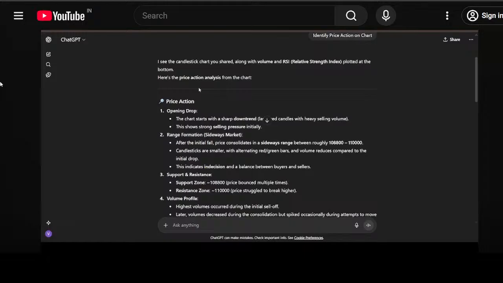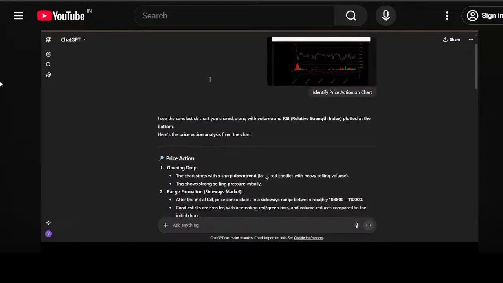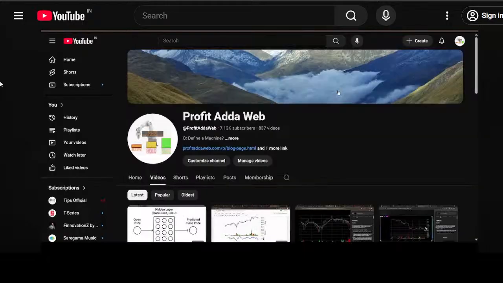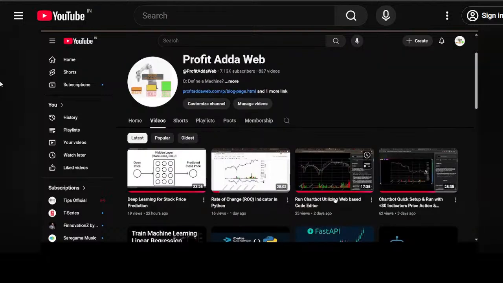And one more thing I've done. Suppose I run this chatbot utilizing a web-based code editor. I've opened this in Visual Studio, and with the help of a forward port, I'll get a link, with the help of Microsoft GitHub, Codespaces and Visual Studio.